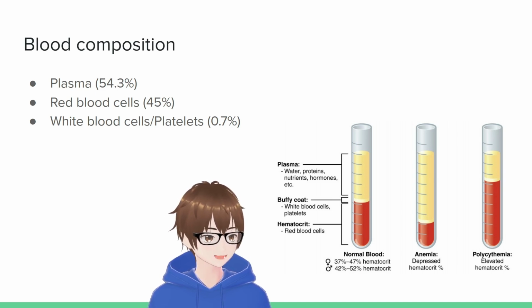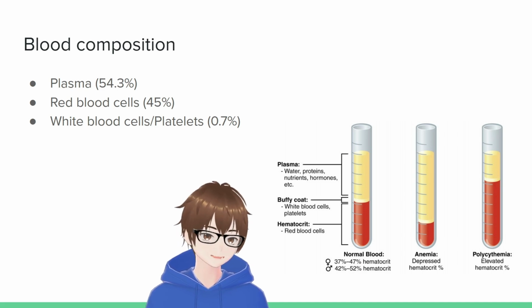It has plasma at about 54.3%, red blood cells at about 45%, and then white blood cells and platelets at 0.7%. The yellow inside the test tube is the plasma. Right between the yellow and the red, there is a thin line that is the white blood cells and platelets, and then the red, of course, is the red blood cells.